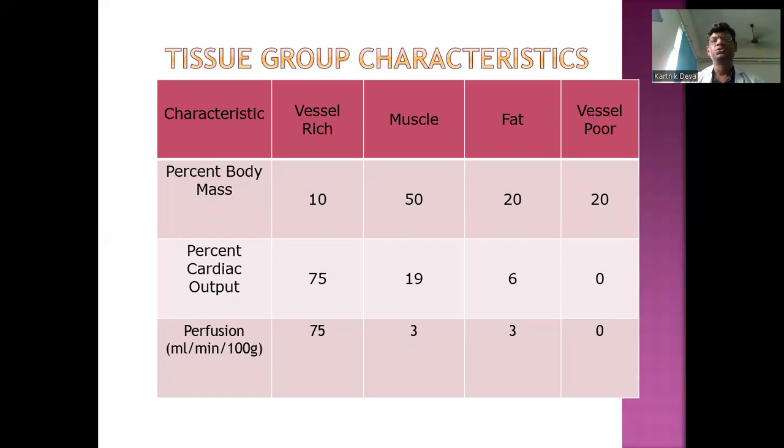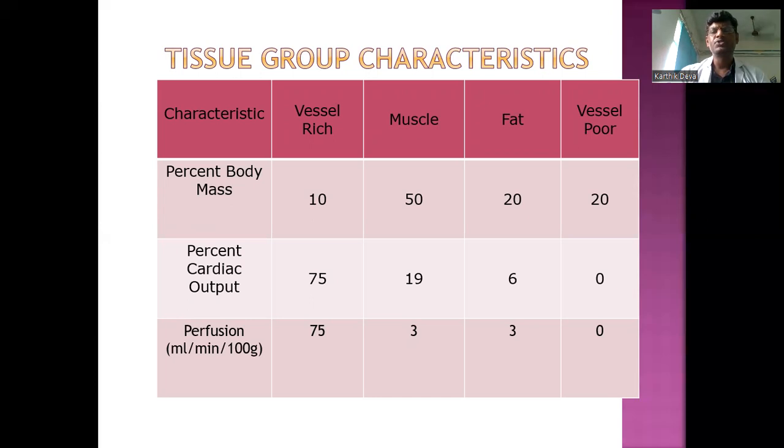In this chart showing the various tissue groups, the vessel rich group accounts for 10% of the total body mass, whereas muscle represents 50% of the total body mass. Fat represents 20% of the total body mass, and the vessel poor group represents 20% of the total body mass.